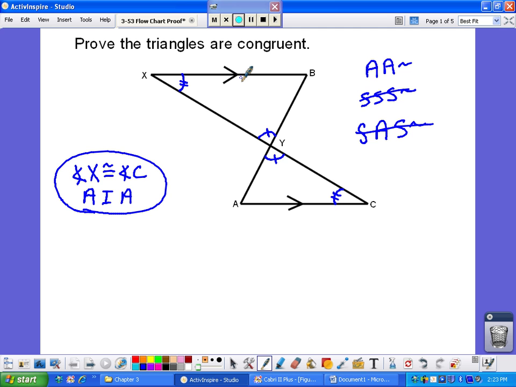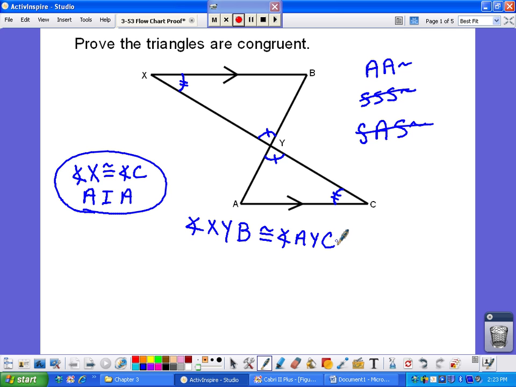The next thing I know, and I have to be careful because there's confusion as to which angle is angle Y. You can't call any of these angles angle Y because there's confusion about which one it is. So I want to make sure I'm looking at angle XYB, and that will be exactly the same as angle AYC.